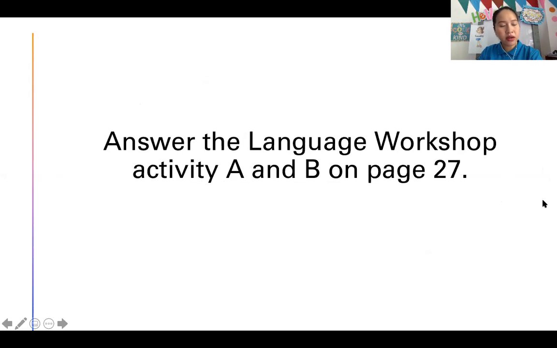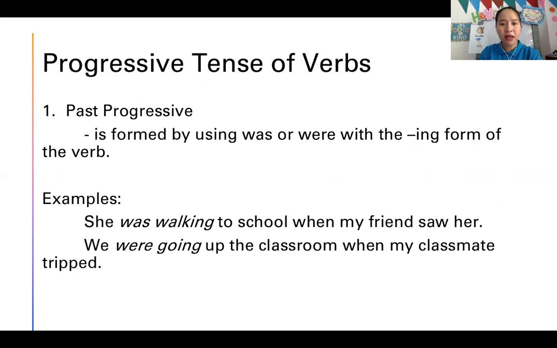Moving on, we are now on our main topic, which is the progressive tenses of verbs. Progressive tense of verbs, first one is past progressive. So past progressive is formed by using was or were with the ing form of the verb. It's past, but still continuing.